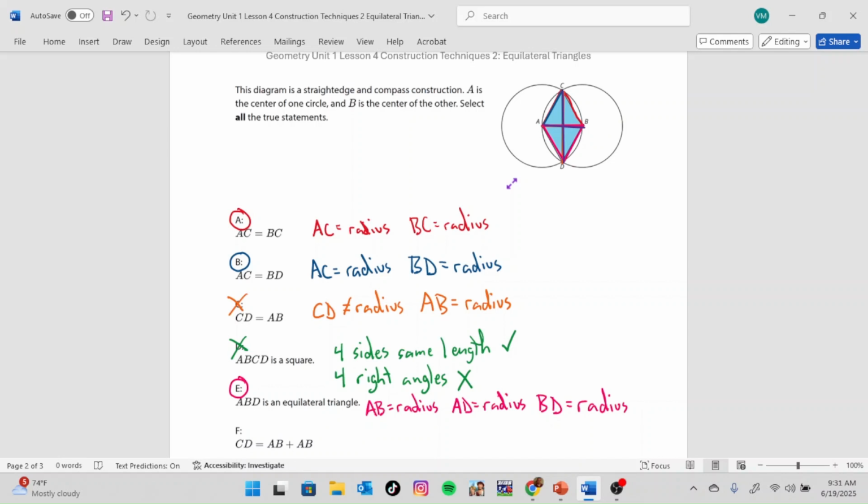So here's what I know. I know that AB is a radius. I also know that CB and BD are also radii.